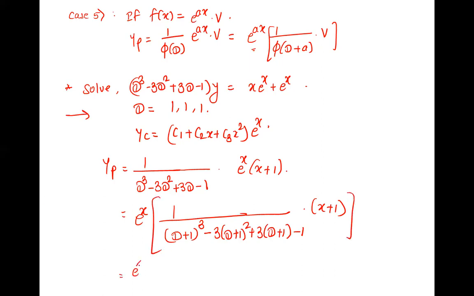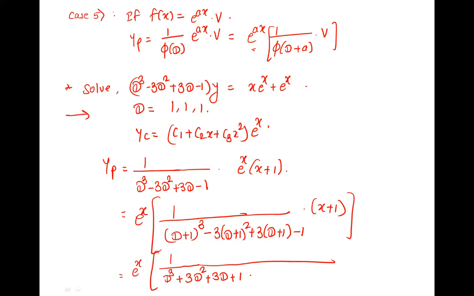So next we have to write the cube of this, a plus b cube. What is a plus b cube? d cube plus 3 a square b, d square into 1, plus 3 a b square, d, plus b cube. 1 cube is 1.